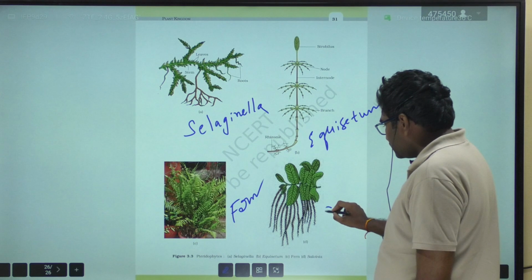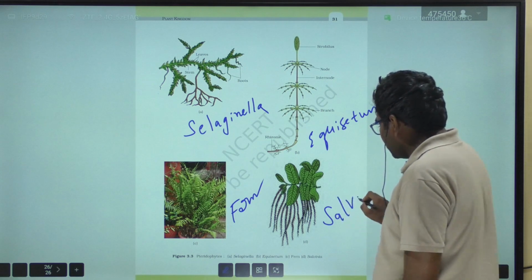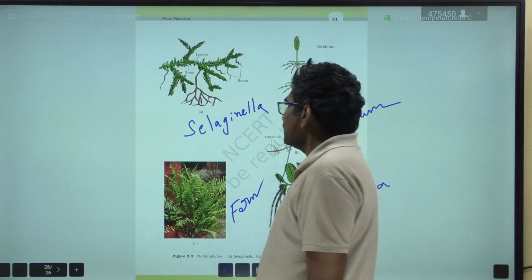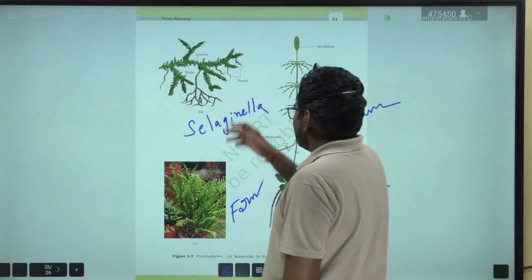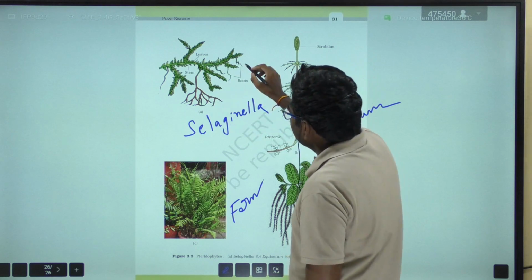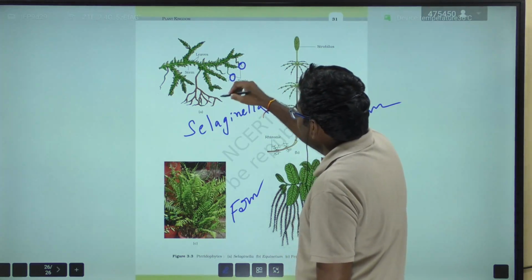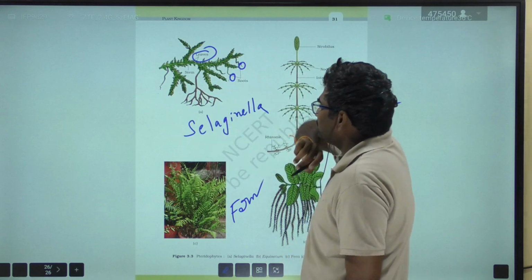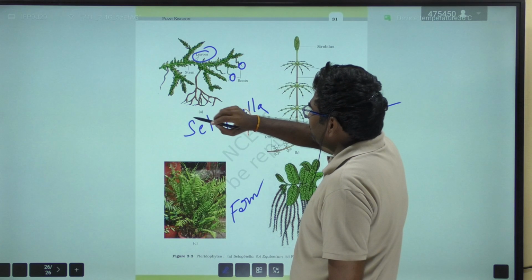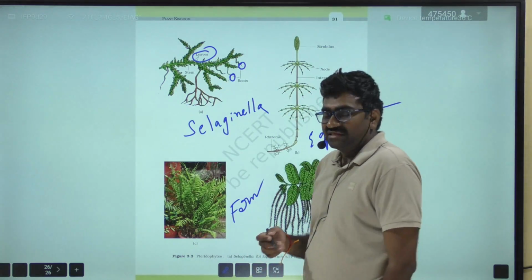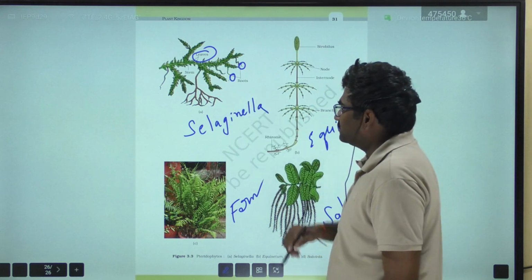And this one is Salvinia, very important. Remember the images from the NEET point of view. Spiral leaves are found in this Selaginella. These are the roots, and these are the leaves without midrib and stem. The leaves are directly attached to the stem.